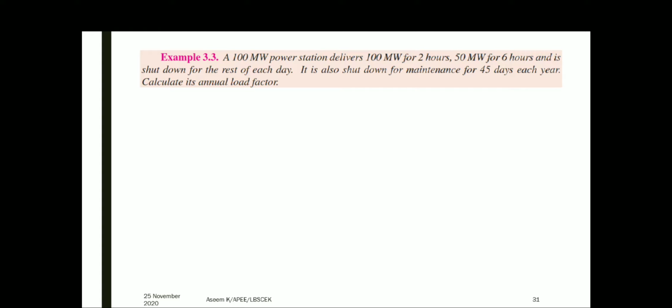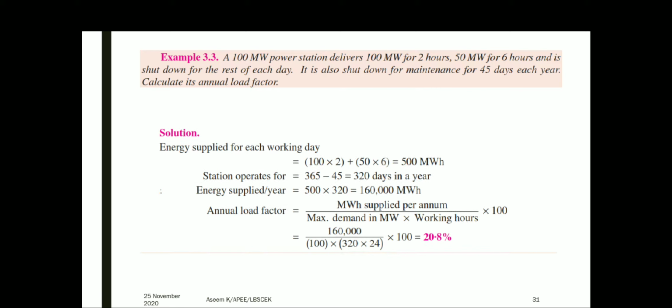Then, the station is shut down for 45 days in each year, so the remaining days only it is working. So the station operates for 365 minus 45, 320 days in a year.